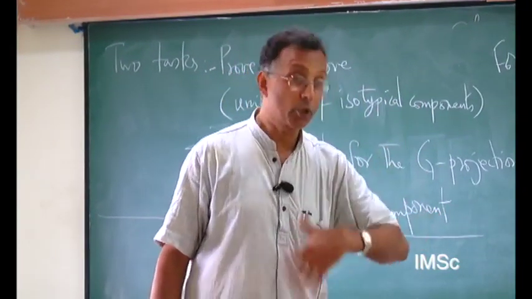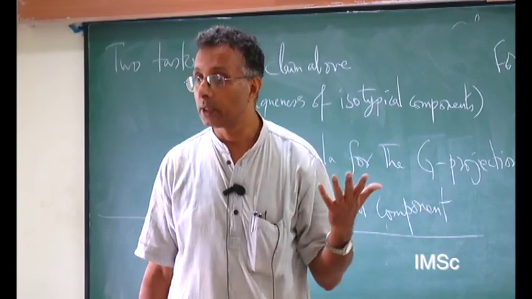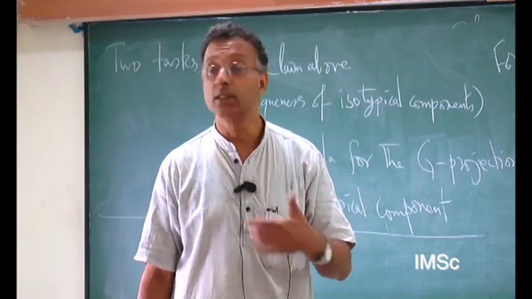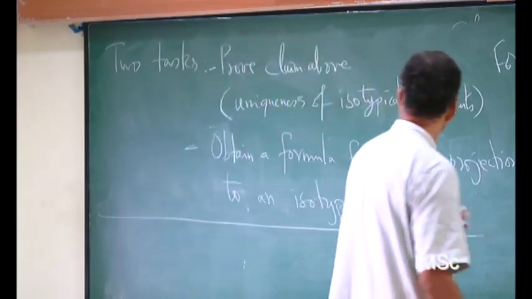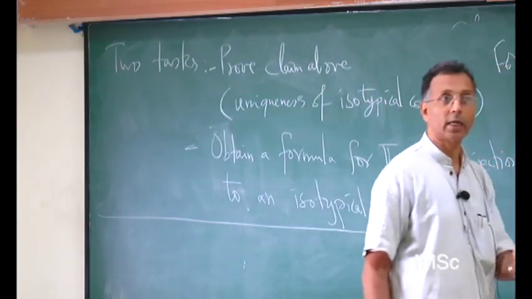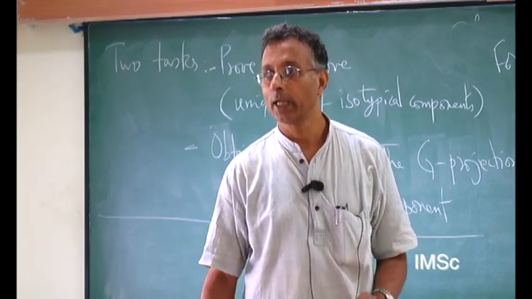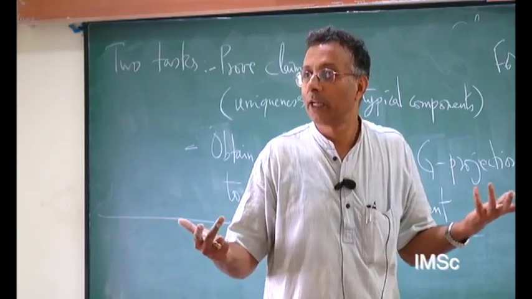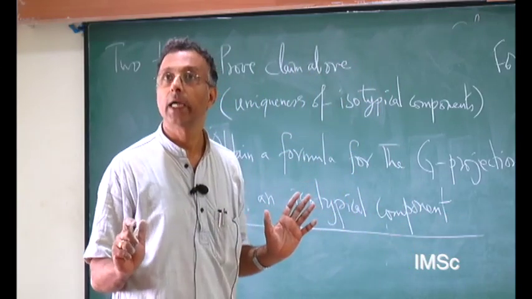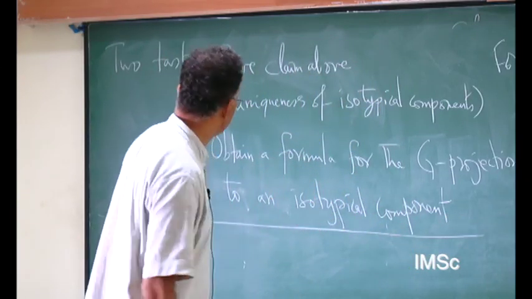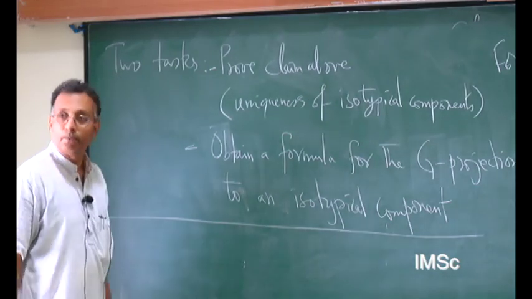G projection means one-to-one correspondence with G complements, and therefore, in other words, this is the unique G complement. That is the projection, and we want a formula for that. There is a beautiful formula you can derive. It's very pretty. So these are the two things we want to do. Okay, let's go one by one.